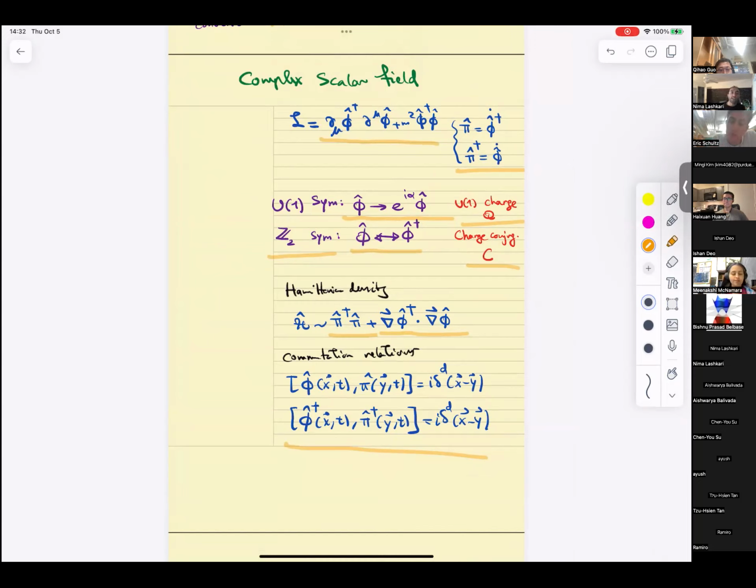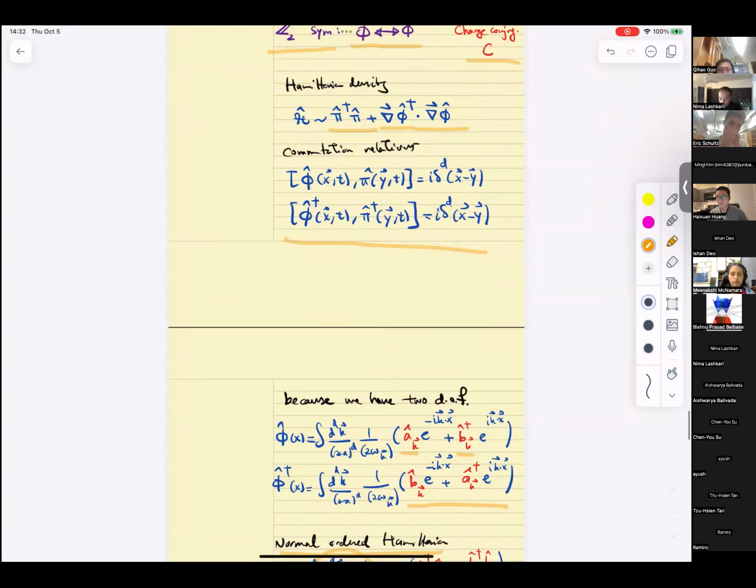And the other one is a U1 symmetry, a phase. We said that there are charges associated with both of them. There is a charge associated to the U1.